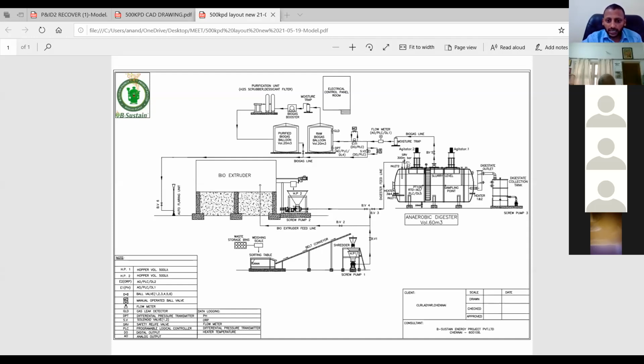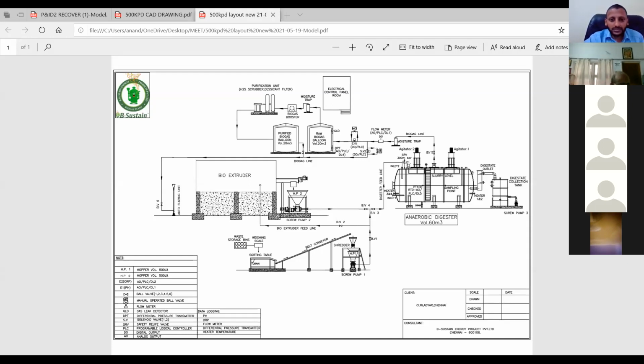The feeding pump 1, screw pump 1 and screw pump 2 are operated, and we maintain the pH. The pH and temperature are continuously monitored and recorded, and the flow and the pressure in the balloon are also continuously monitored and recorded.